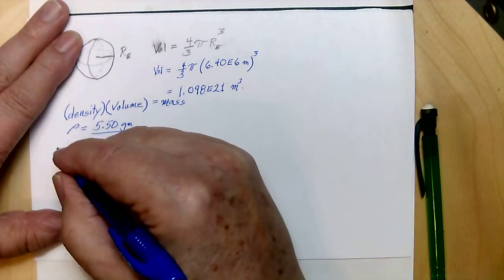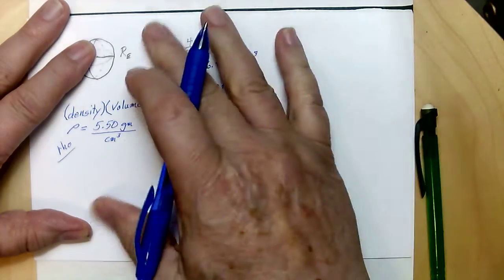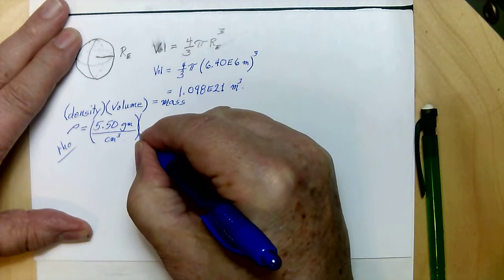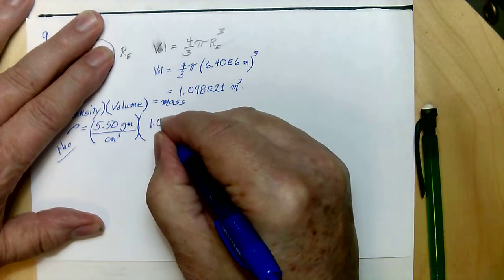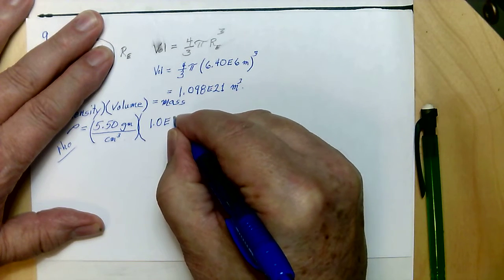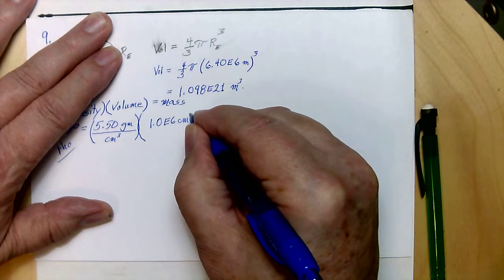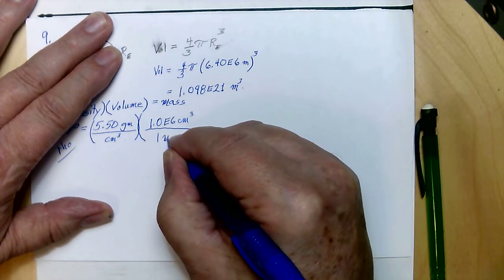So this is Greek letter rho, which we use for density, and we know that there are 1 million cubic centimeters in 1 cubic meter.